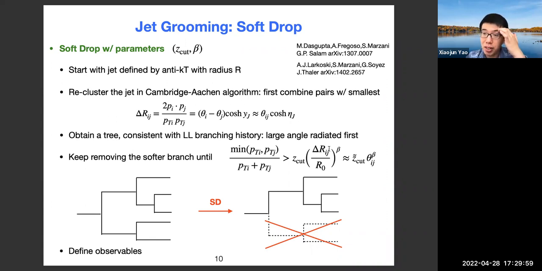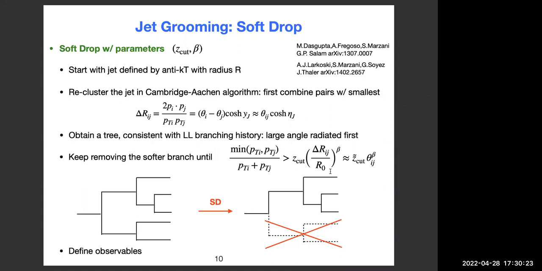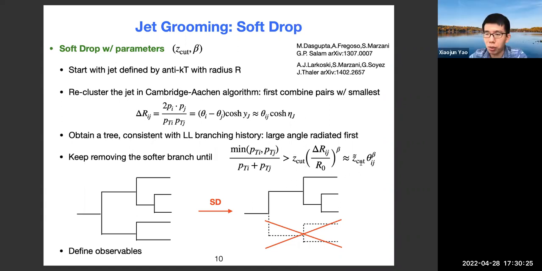But if we use kT, then this probably will become more complicated. I think once the pT of the daughter parton enters this formula, mathematically the formula will become more involved, or maybe you cannot factorize. That's a guess. Okay. Thanks. You will see how this enters the formulas later.